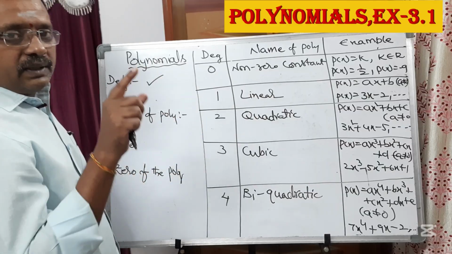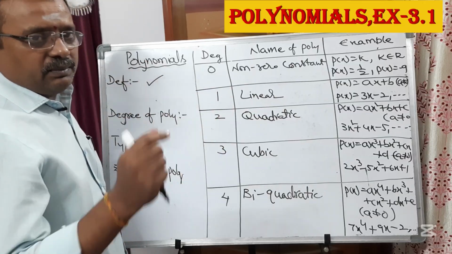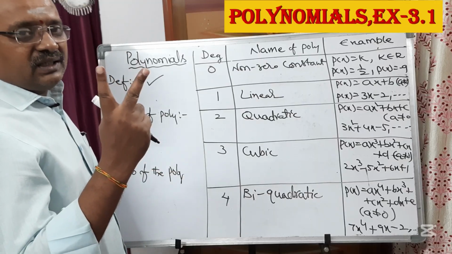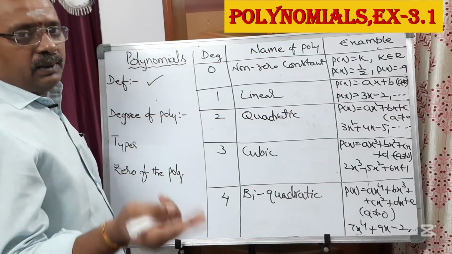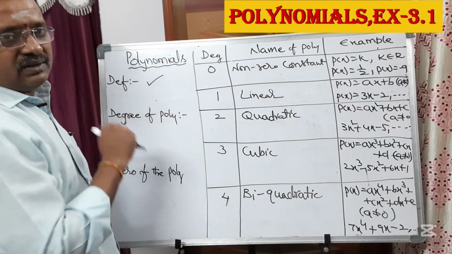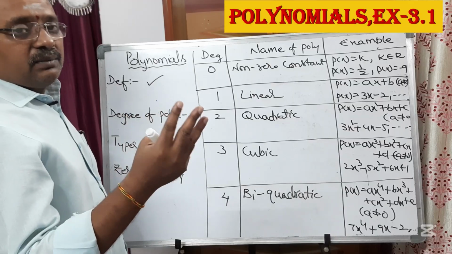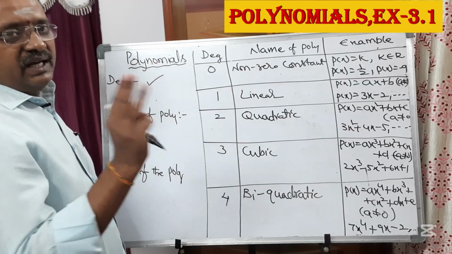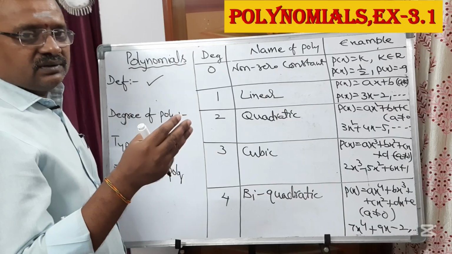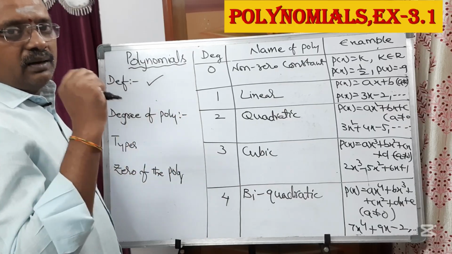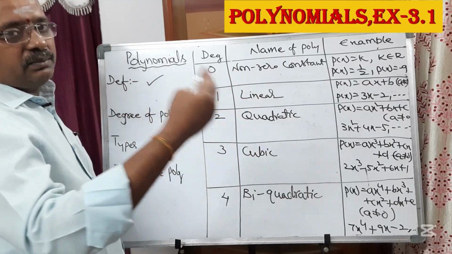In an algebraic expression also, if it has one term, it is called a monomial. It may be a polynomial, may not be a polynomial. If an algebraic expression has two terms, it is called a binomial. It may be a polynomial, may not be; checking should be done according to the previous concept. If it has three terms, it is a trinomial. Like that, depending upon the number of terms, you can give the names monomial, binomial, trinomial, multinomial, but they may or may not be polynomials.